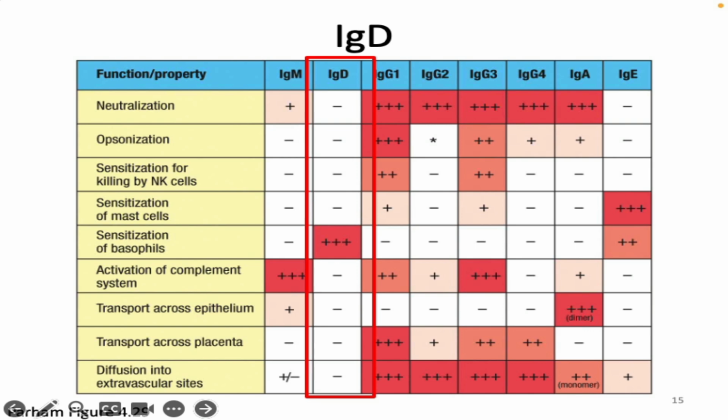And this function also, if we think about it, kind of helps us think about why we were having so much trouble understanding what's up with IgD. So what we now think is that IgD sensitizes basophils and acts on basophils in sort of the same way that IgE is acting on mast cells.